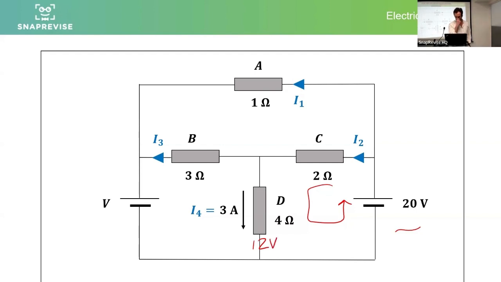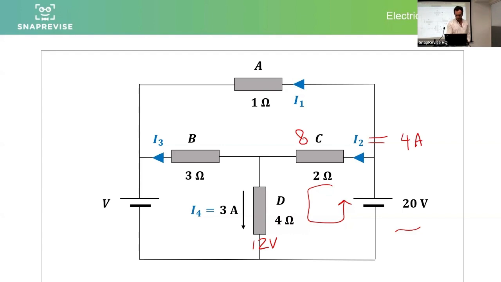Multiply those two together. V equals IR. Therefore, the voltage here must be 8, because 12 plus 8 is going to have to equal 20. Great. If the voltage here is 8, this is 2, that means I2 is going to equal 4 amps.